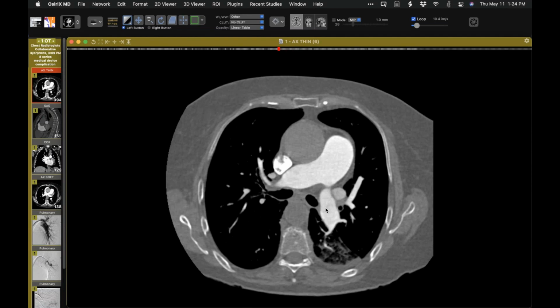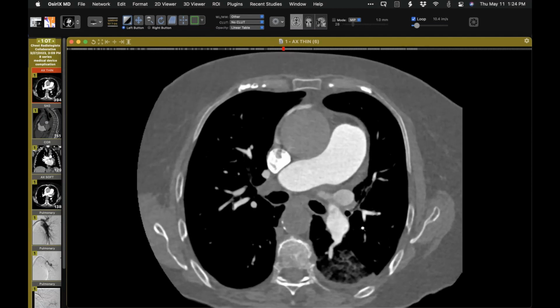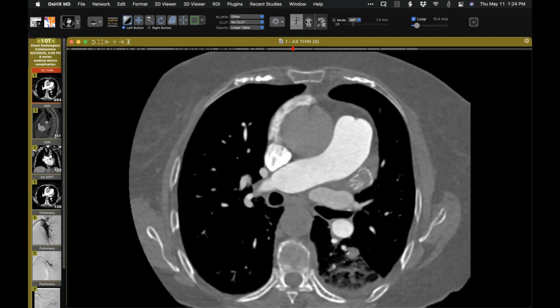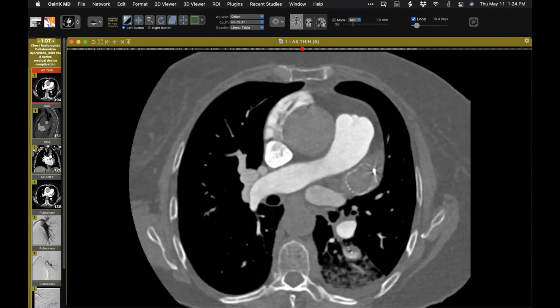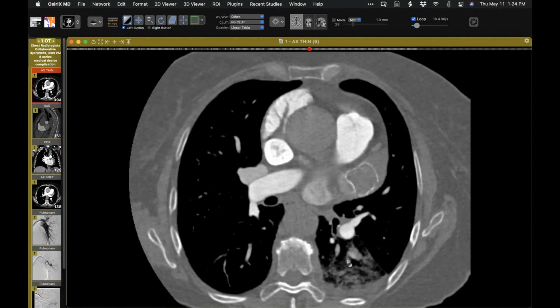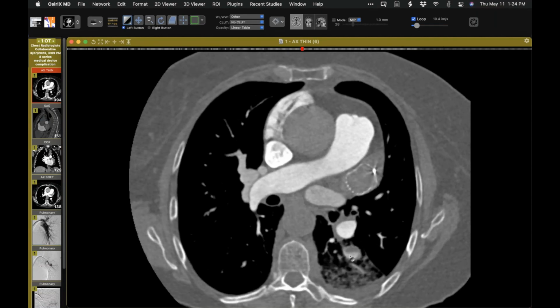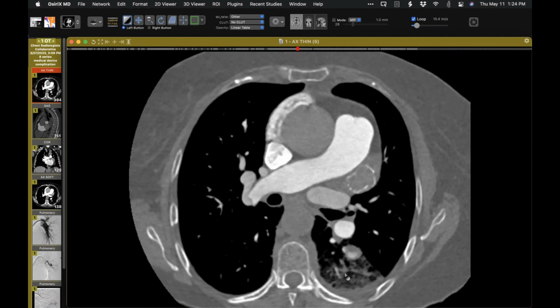So pulmonary artery, and I'll make that bigger. There you can see the branch of the pulmonary artery going right into that, and then this thing is part of it. And then there's some vessel going away from it. So here we have this rounded opacity containing some contrast medium in the region of pulmonary hemorrhage.